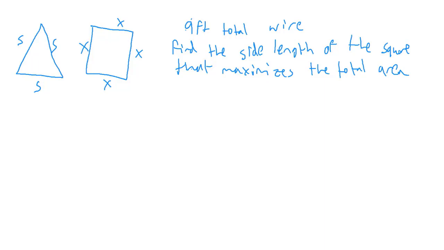The side lengths of a triangle don't have to be the same as the side length of our square. But what we do know is 3S plus 4x equals 9.